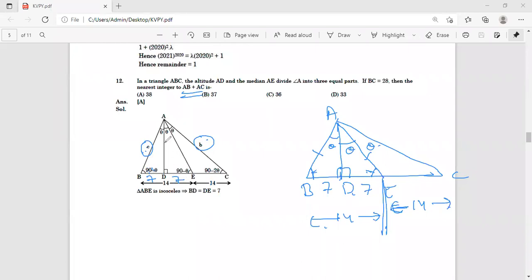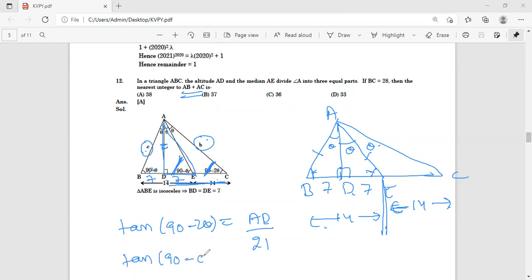We know these sides. So in triangle ADC, tan of 90 minus 2 theta is AD divided by 21. Okay, this is 21. And in this triangle ADE, tan 90 minus theta is AD by 7.